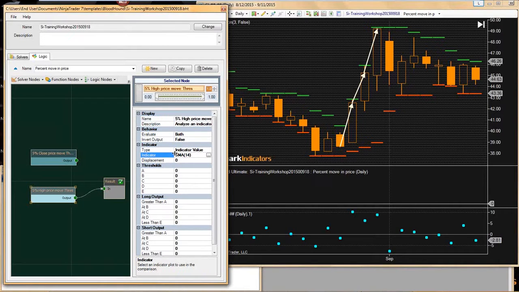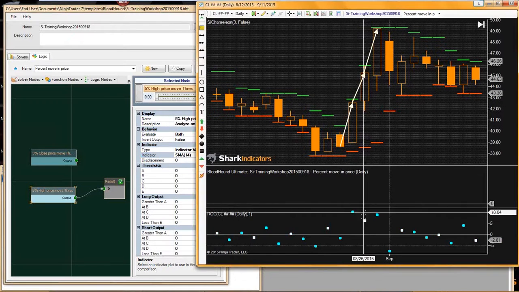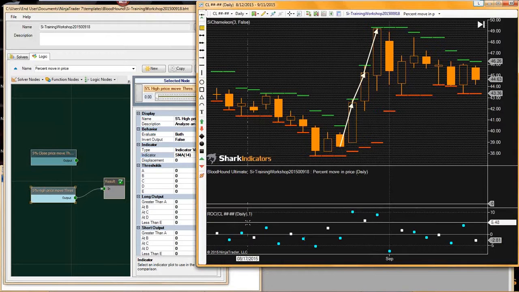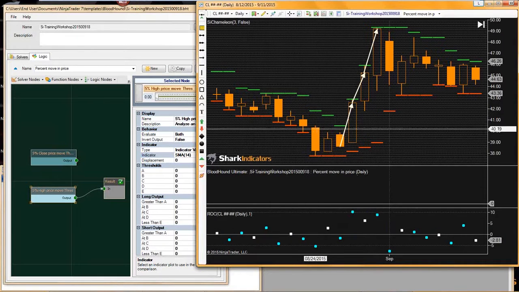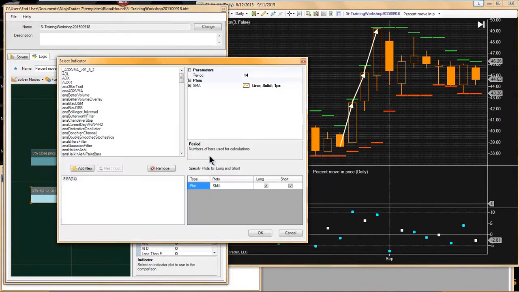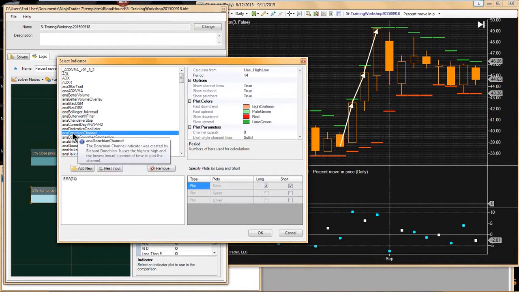All right, so to look at the high price move, we need to feed the high prices into our rate of change indicator. As a general rule, most indicators default to looking at the closing price of the bar, so we just need to feed the high price into it.